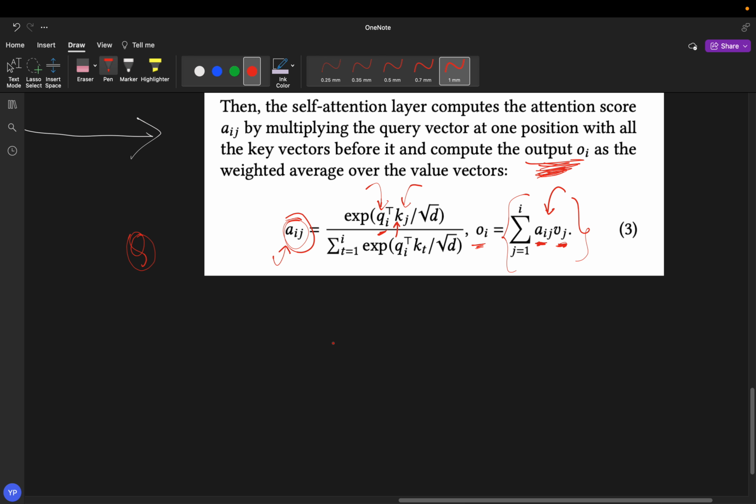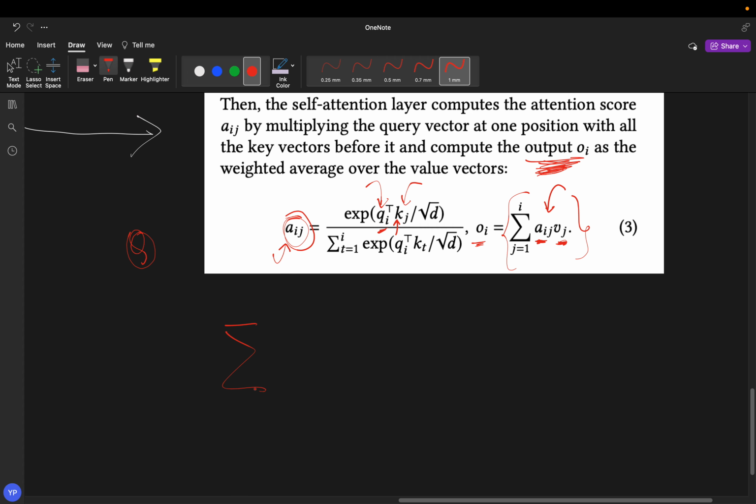So if you write it down, you're simply writing this as exponential of Qi transpose Kj divided by square root of d, divided by the summation over t equal to 1 to i of exponential of Qi transpose Kt divided by square root of d, and this goes from j equals 1 to i, and you compute the output Oi.